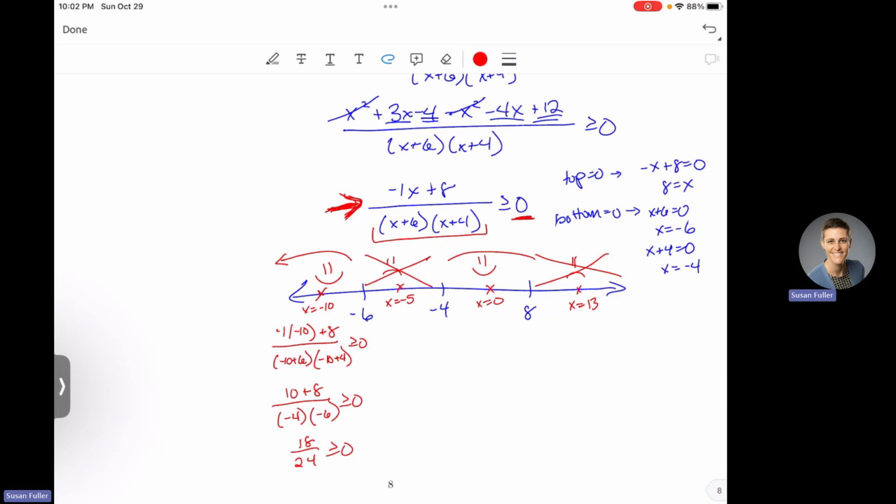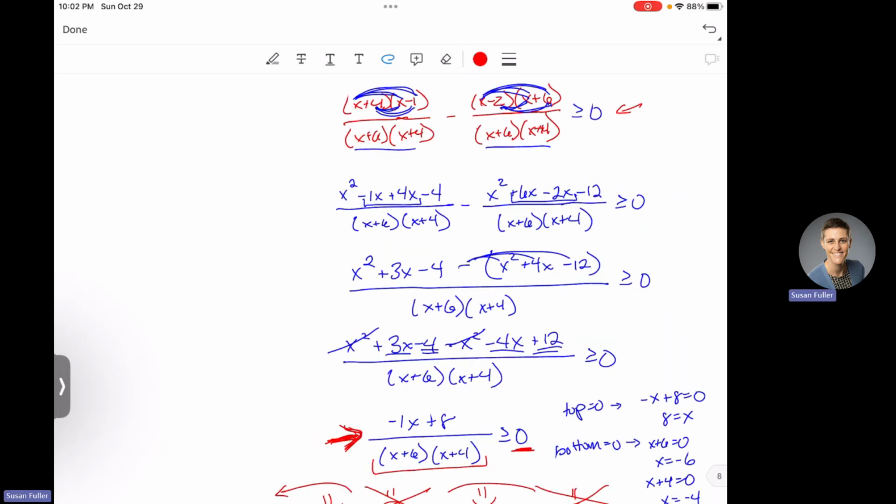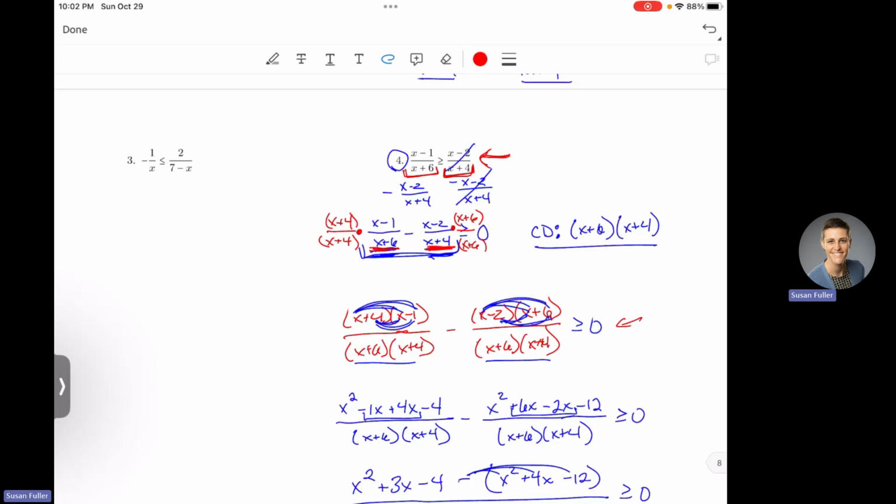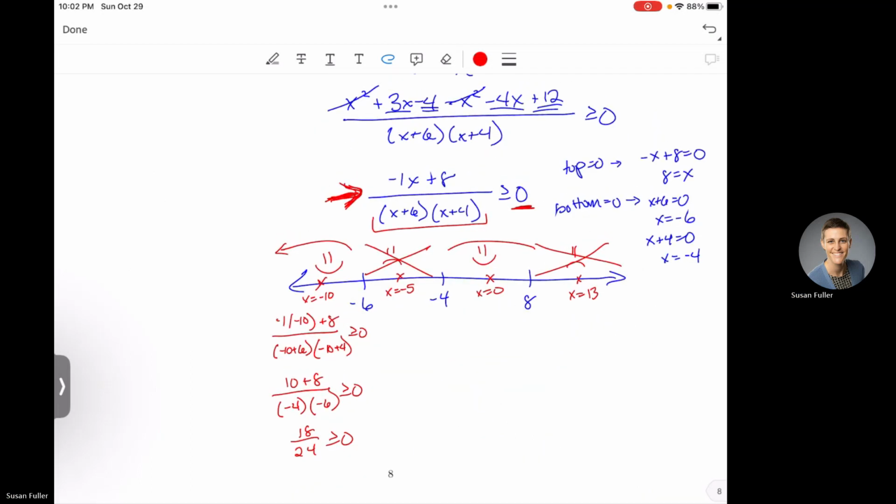Okay, so now I'm going to write my solution. Now, my inequality was greater than or equal to, which means include your endpoints, except remember, whatever the inequality says, you cannot include anything from the domain rule.